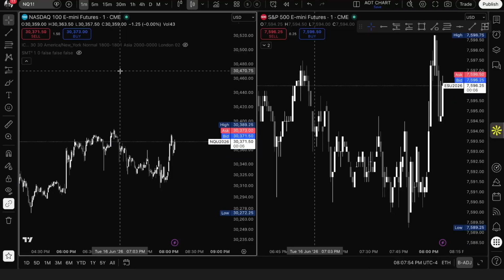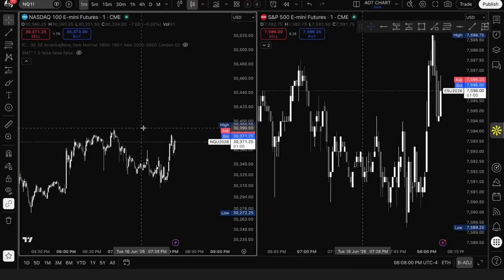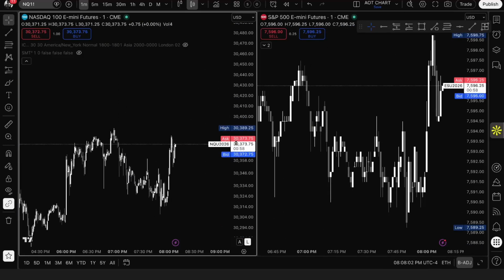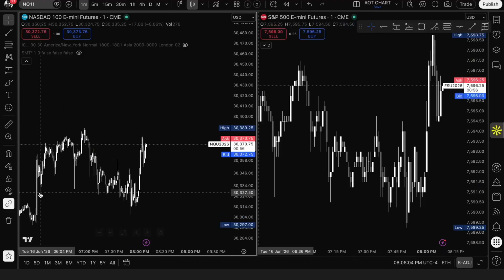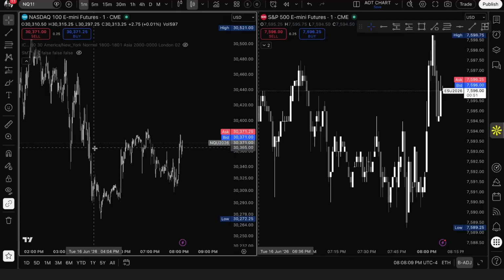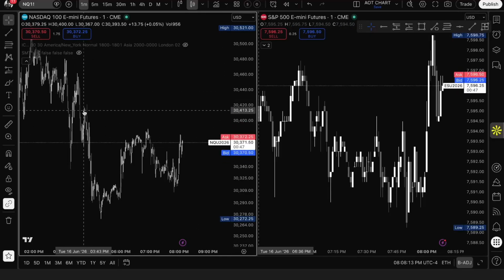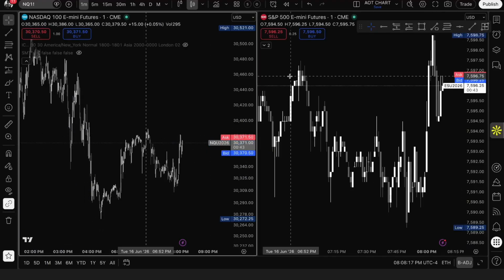So I don't pattern trade fair value gaps. I don't pattern trade whatever people call supply and demand. Like I don't pattern trade those type of things, right? What I do is I read the market, I read price action, and I use my entry models to help me catch trades towards where draws of liquidity are, right?